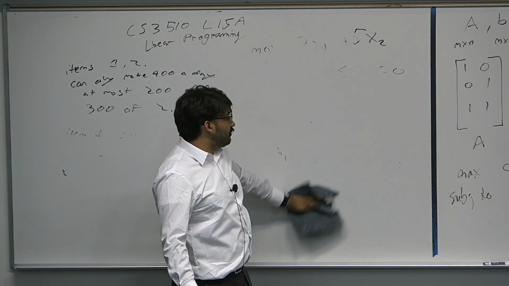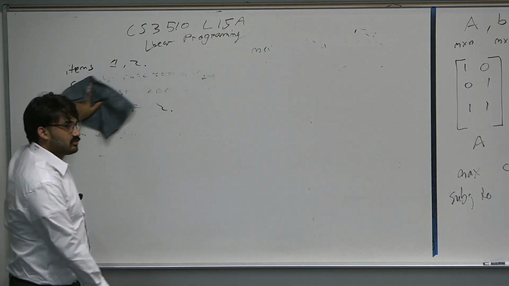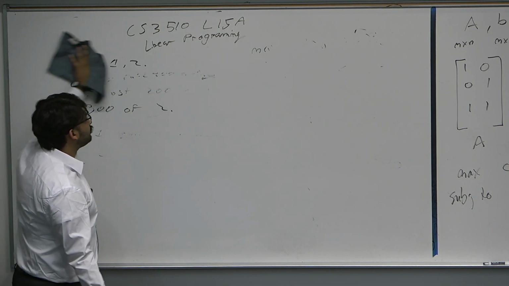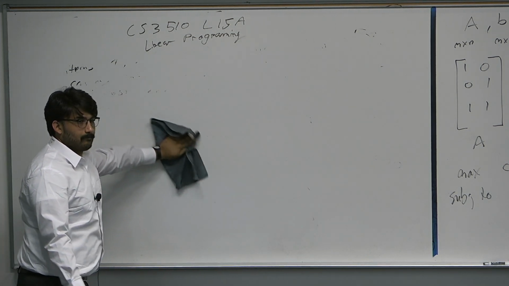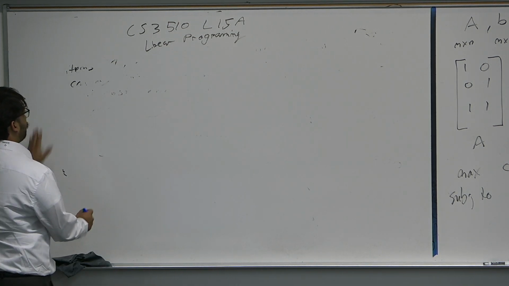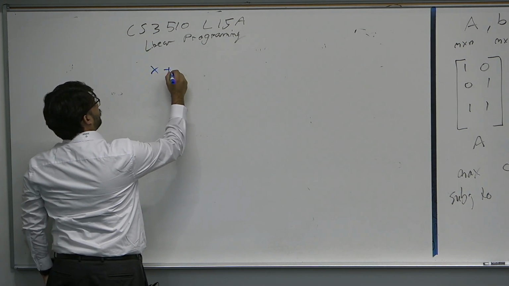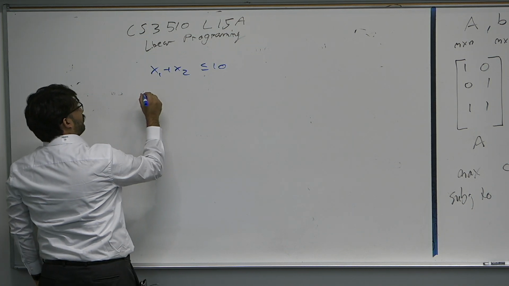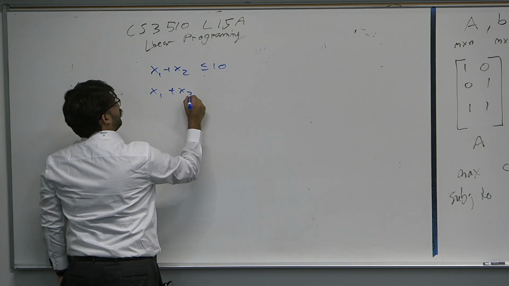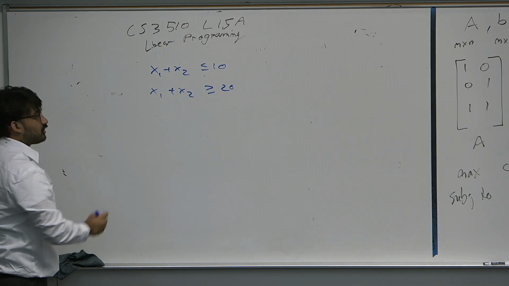Let's suppose you have several equations. When does such a shape have area 0? They don't have any overlap. Yeah, so I could say x1 plus x2 is less than or equal to 10, and then x1 plus x2 is also greater than or equal to 20. Right? Such a thing is called infeasible.